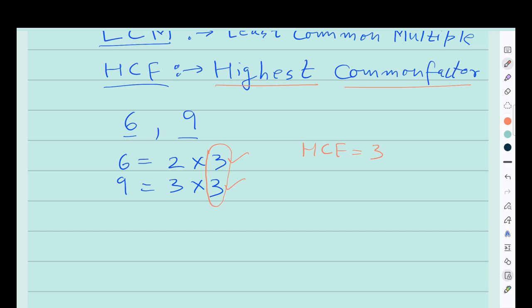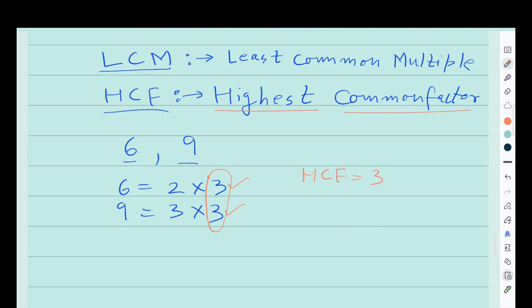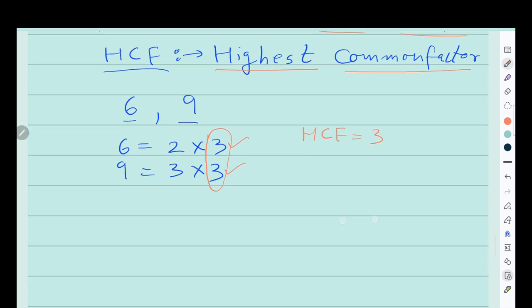And then how to find the least common multiple? Least common multiple means the smallest number which could be divided by both 6 and 9. Okay, and then how to find that? Very simple. For the LCM, first of all take the common factor just once.